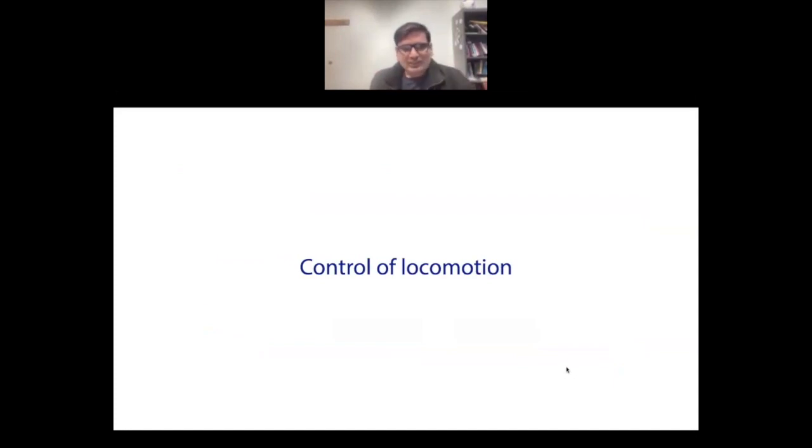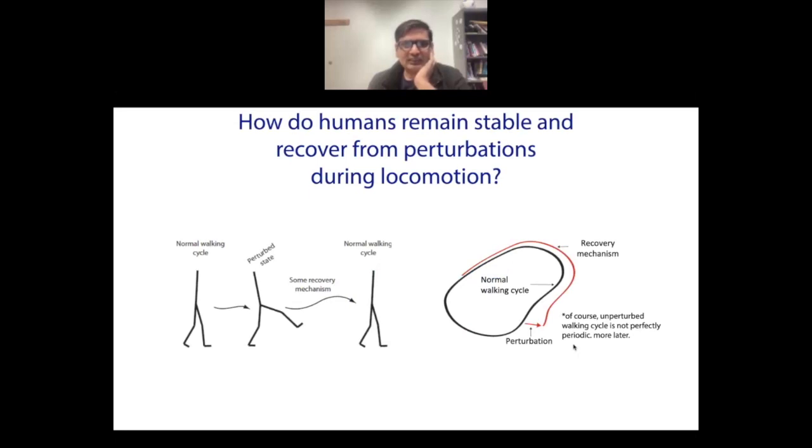Okay, notice that I have about 5 minutes left. So let me just spend perhaps 2 or 3 minutes in that 5 minutes, just skipping over a bunch of things. So we did a bunch of experiments in which we characterized some aspects of the recovery during locomotion.